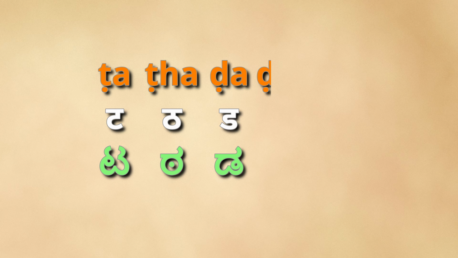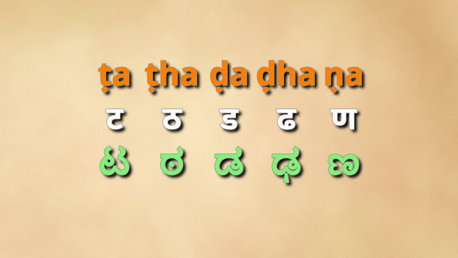Retroflex Na is very common in most of the Indian languages where the nasal Na sound is formed when we curl the tongue backwards and touch the roof of the mouth. That is, in our Vargiya Vyanjanas, the line ta, tha, da, dha, na. That's it. That's Retroflex Na. So, let's learn to write Retroflex Na in Tulu Script, and after that, we'll proceed to write the word Manipal.